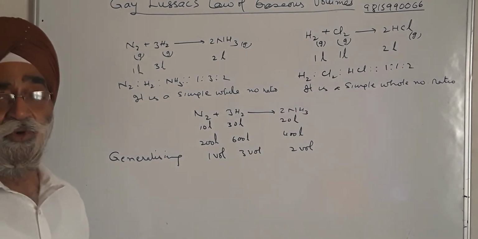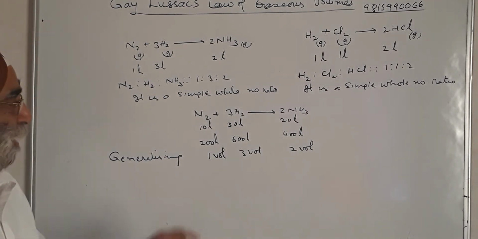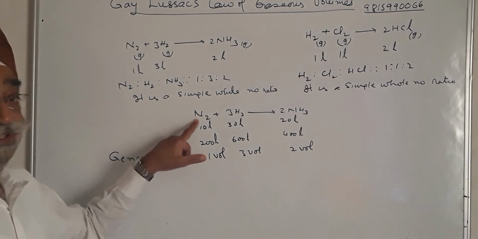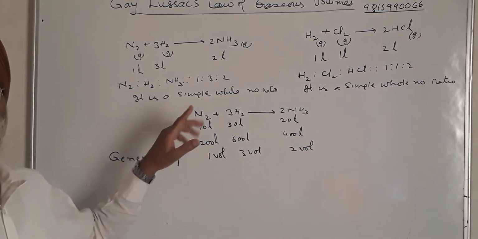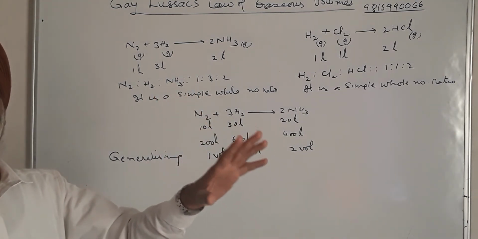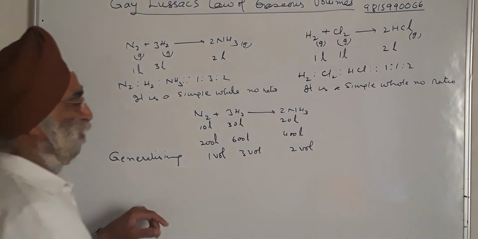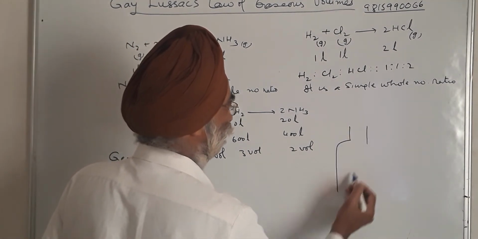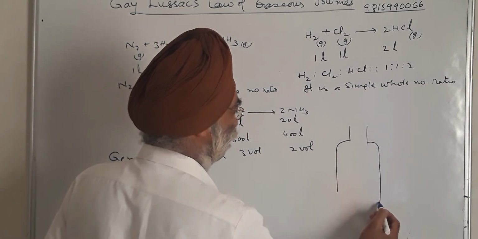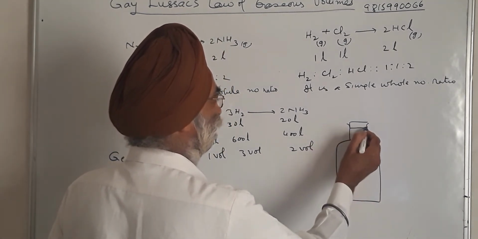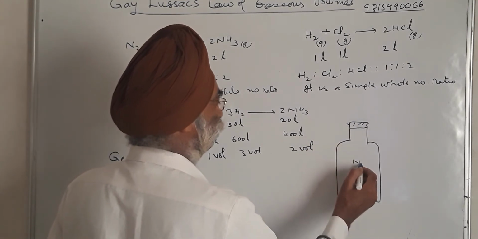In more general terms, if we take 1 cylinder of nitrogen, we may not know the exact capacity of that cylinder. Say we have taken 1 cylinder full of nitrogen.